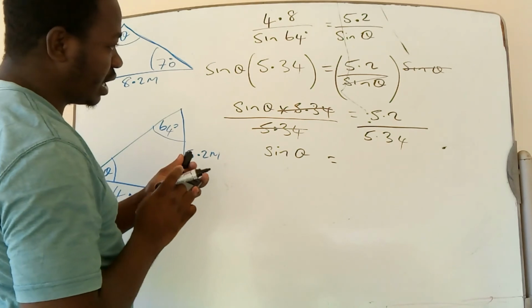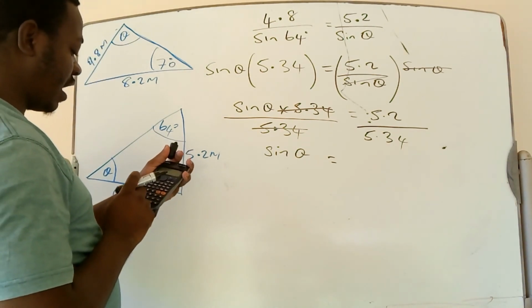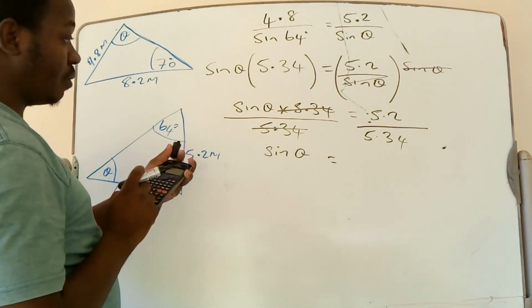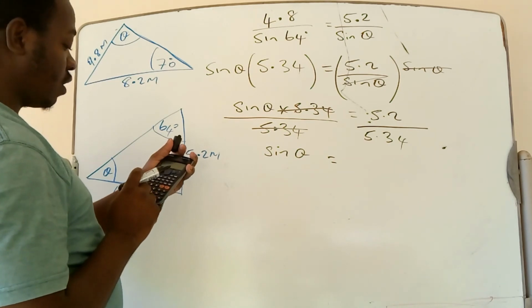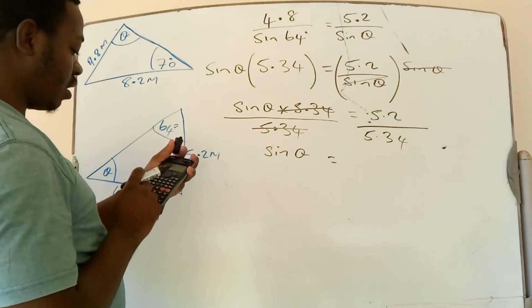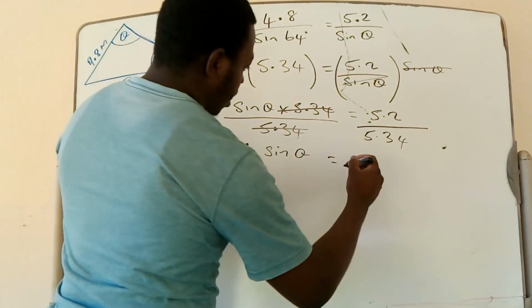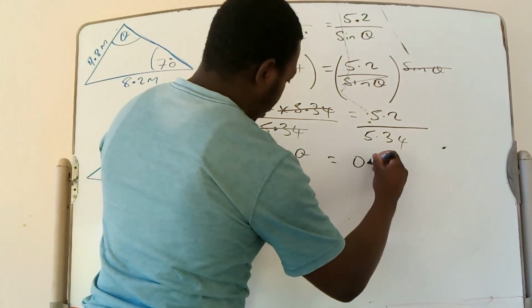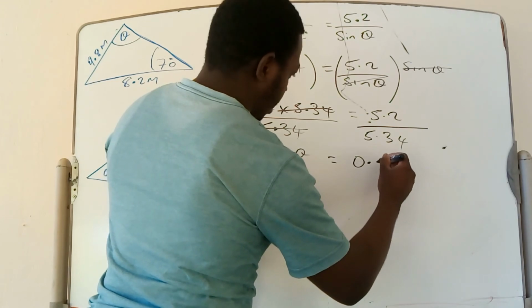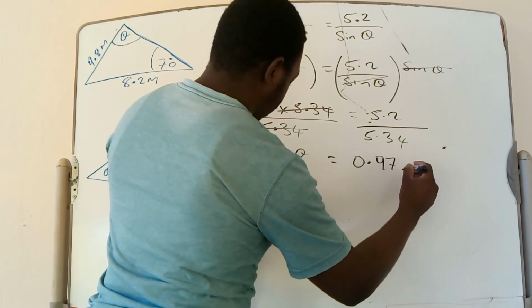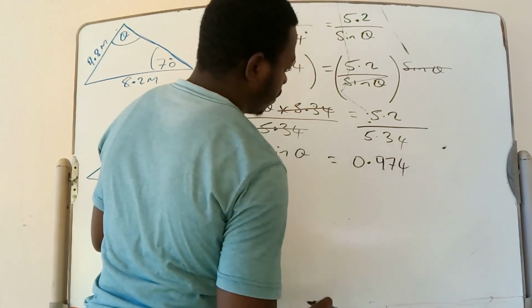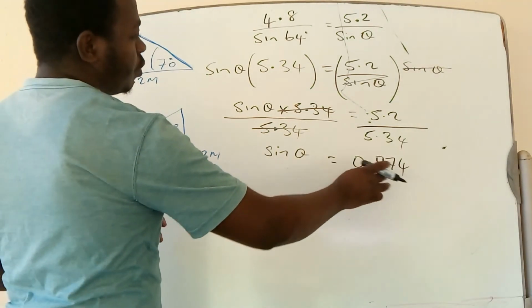But you can put that on the calculator. So that's just 5.2 divided by 5.34. And what does that give us? That will give us a decimal which is 0.974, correct to 3 decimal places.